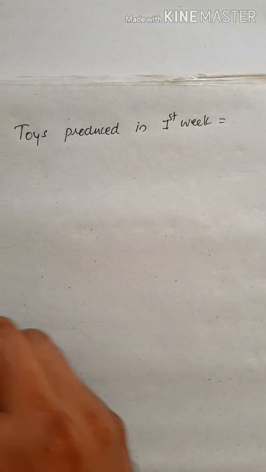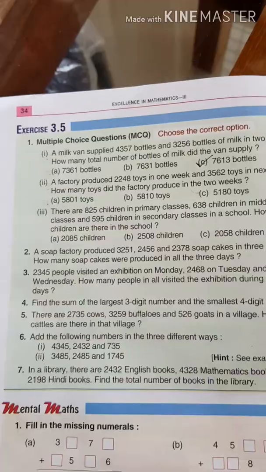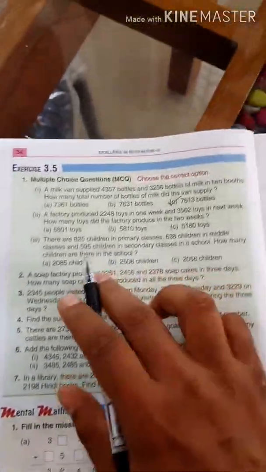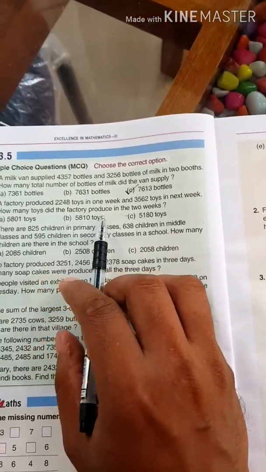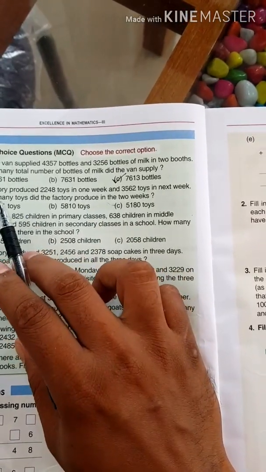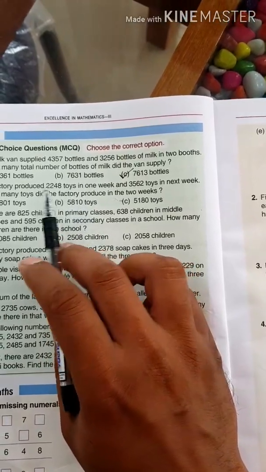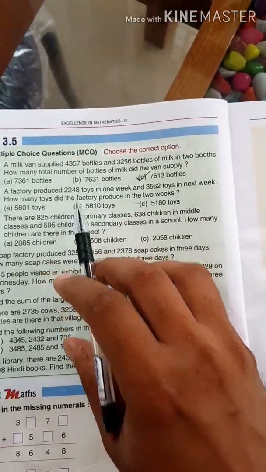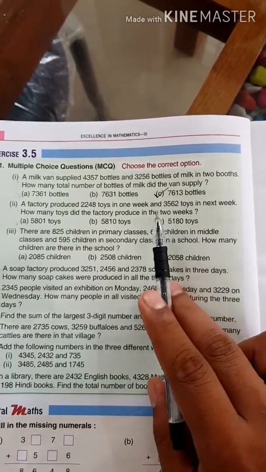So the first statement is toys produced in first week. First statement is that toys produced in first week. What is the number? 2,248.